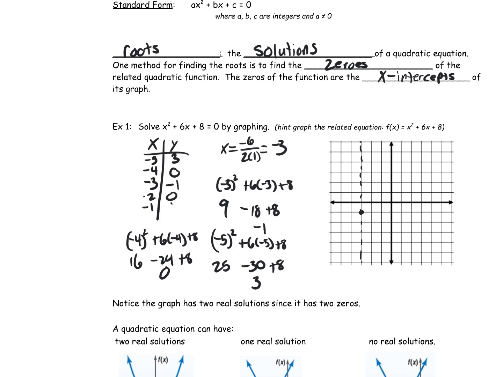All right, and then I can mirror the other side. So we have points at negative 5, 3, negative 4, 0, negative 3, negative 1, of course, negative 2, 0, and negative 1, 3. All right, so we can go ahead and draw our parabola on our graph here.